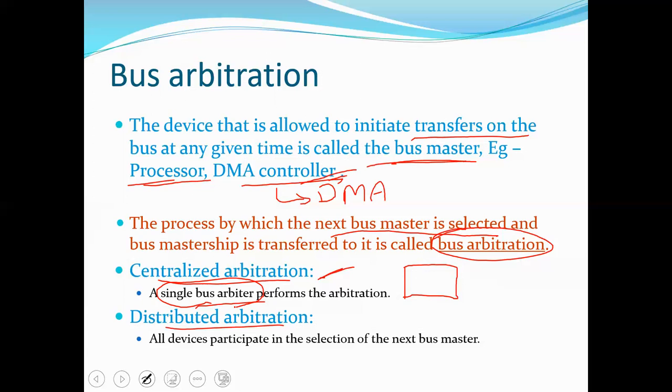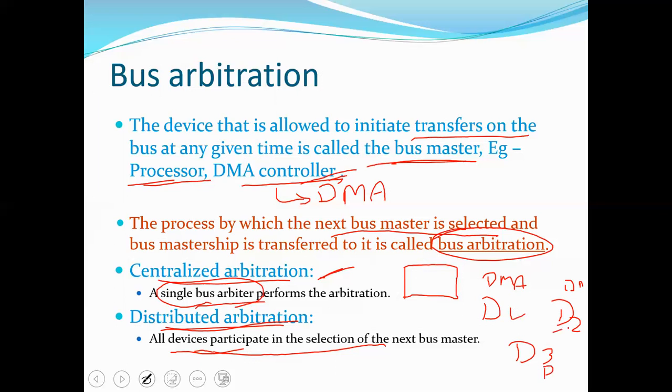The next type is distributed arbitration. In distributed arbitration, all the devices participating for bus mastership are involved in the selection of the bus master. So all devices D1, D2, D3 want to become the bus master. This might be DMA controller 1, DMA controller 2, a device, and the processor.